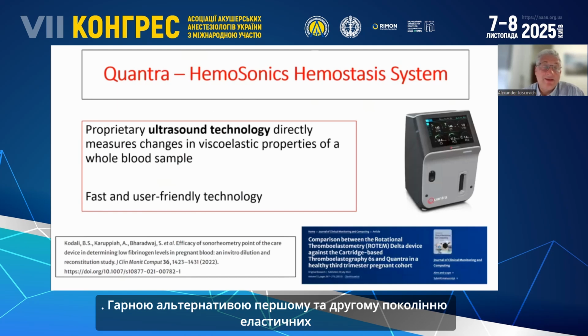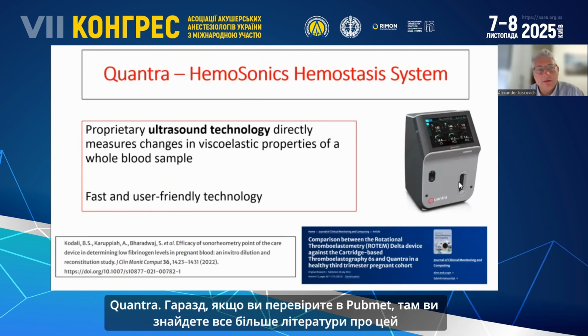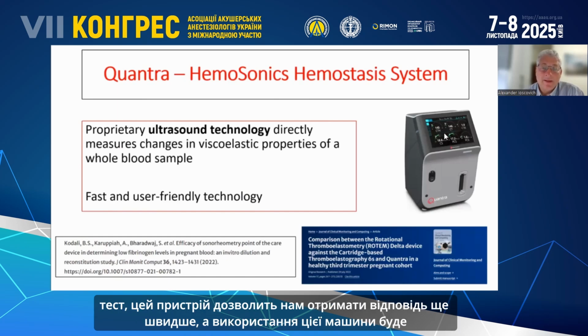A good alternative to the first and second generation of viscoelastic hemostatic devices will be this ultrasound-based technology, the Hemosonic hemostasis system, Quantra. Okay, if you check PubMed, you can see more and more literature about this test.